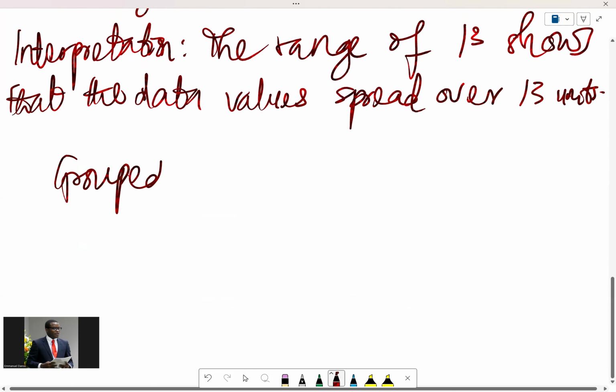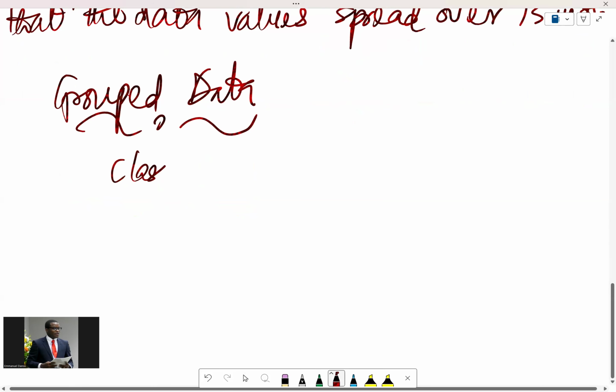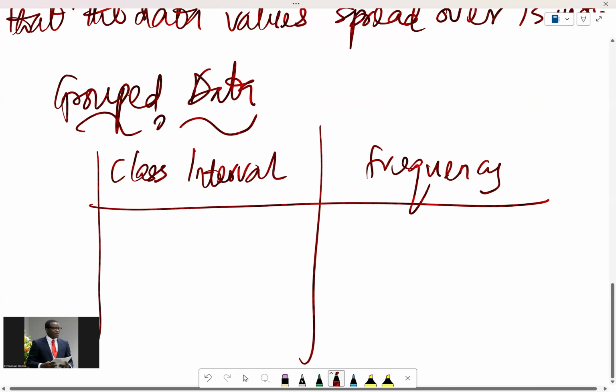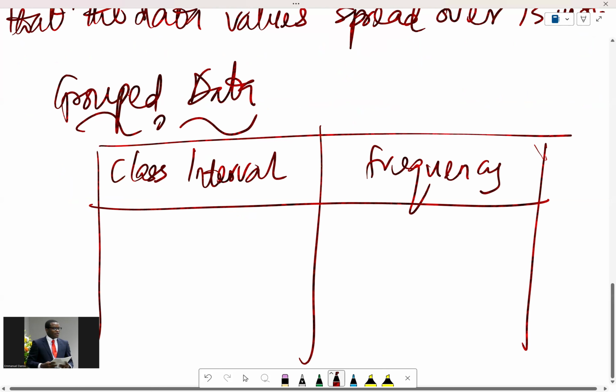Grouped data. So for grouped data, imagine you have this class interval, and then you have frequency as usual. The first class, you have 0 to 10, and it occurs 3 times.